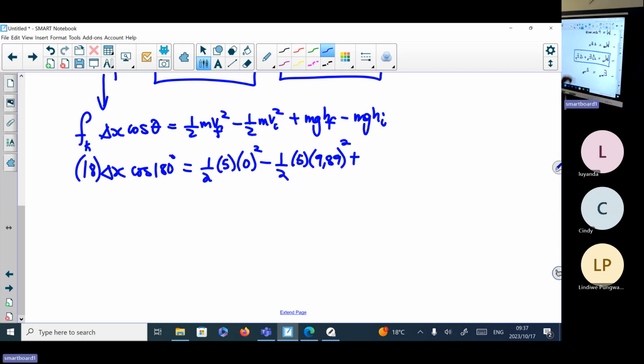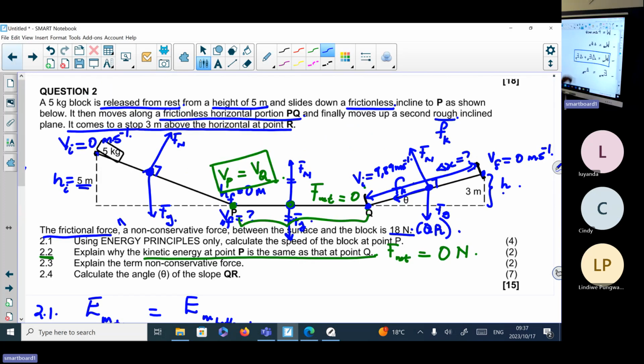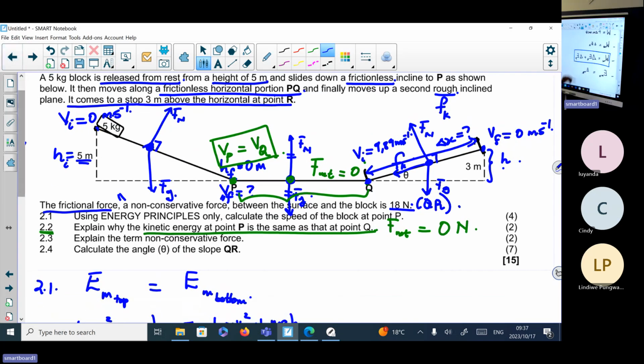Where it ended, the mass is 5 and the height is 3 meters. Where the object started, g is 9.8, and it started from the ground, so the initial height is 0 meters.